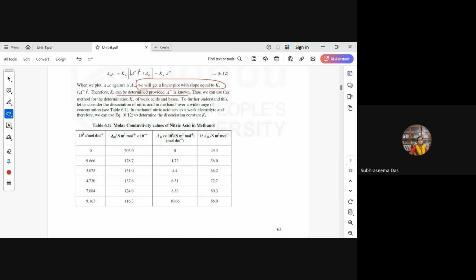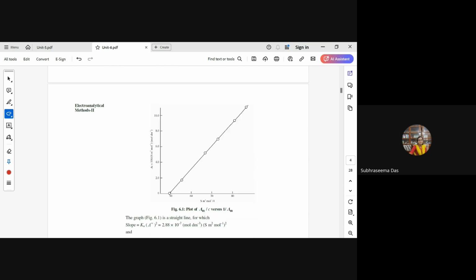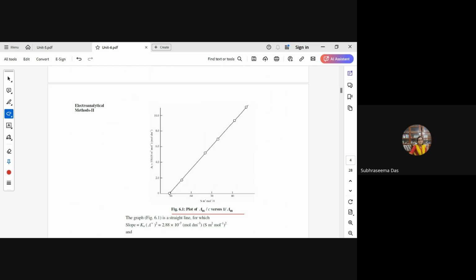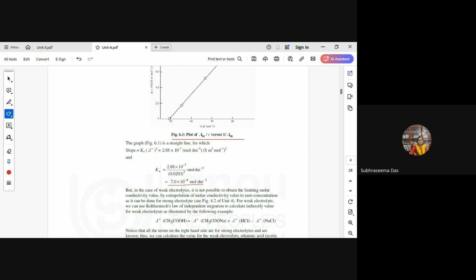So here in table 6.1, molar conductivity values of nitric acid in methanol have been listed, which have been found from this graph. This plot shows lambda m c versus 1 by lambda m, which is a straight line. Now the slope for this graph is equal to Ka into lambda infinity to the power 2, which gives the Ka value to be this.